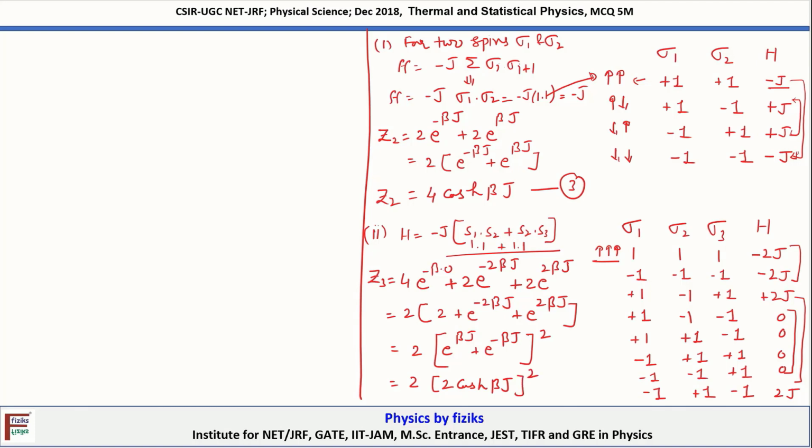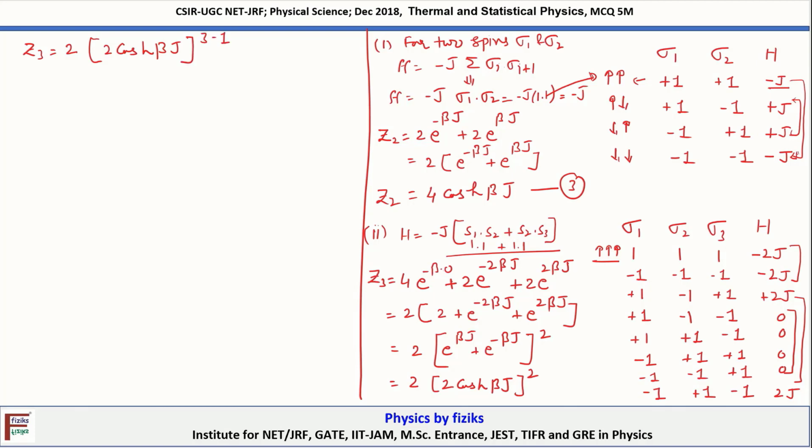Or Z3 can be rewritten as Z3 equals 2 multiplied by (2 cosh beta J) to the power 3 minus 1.